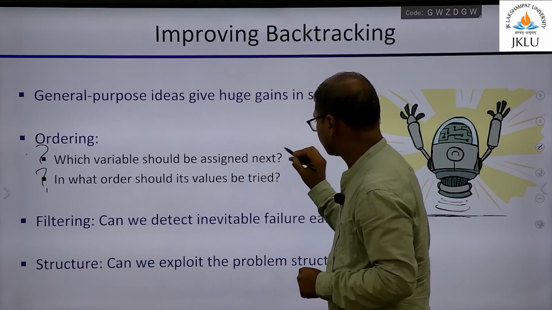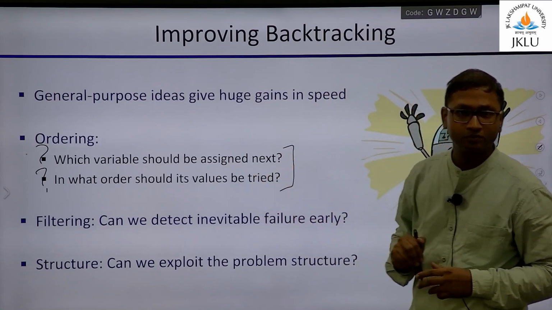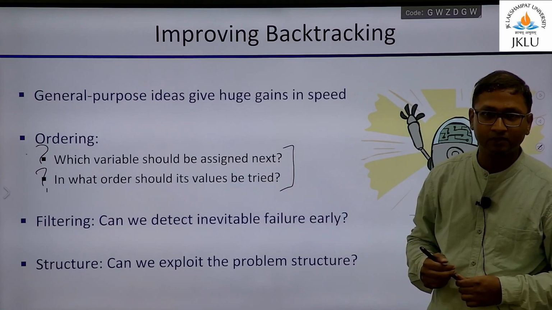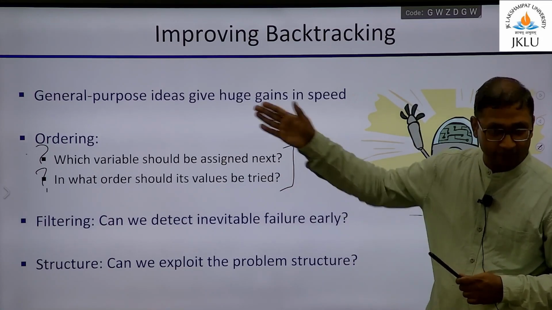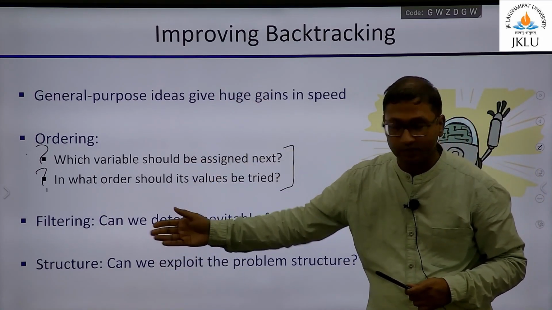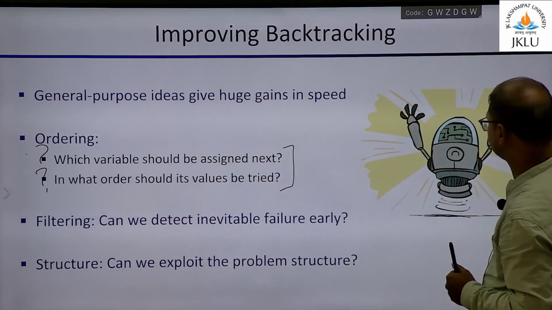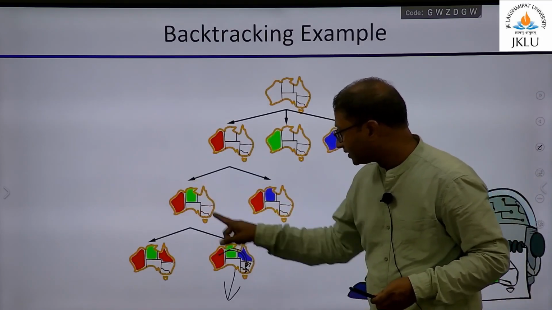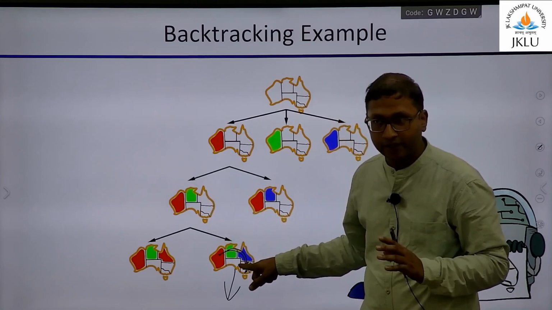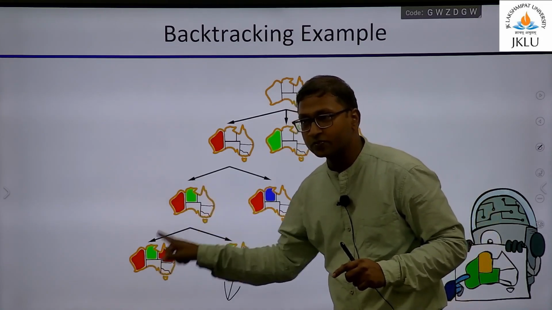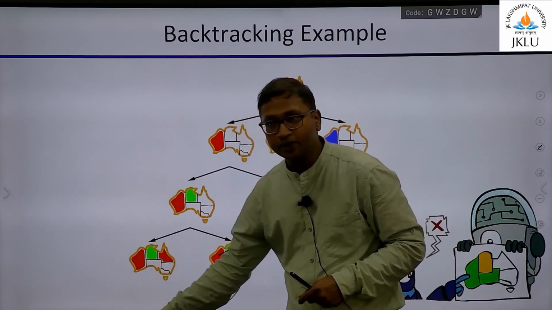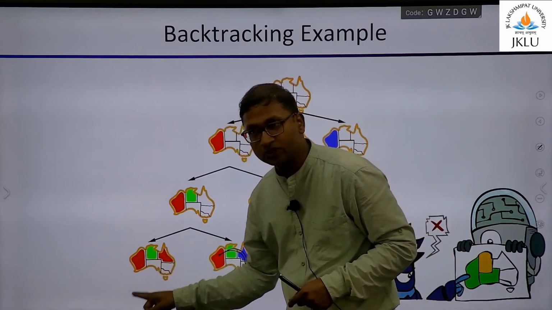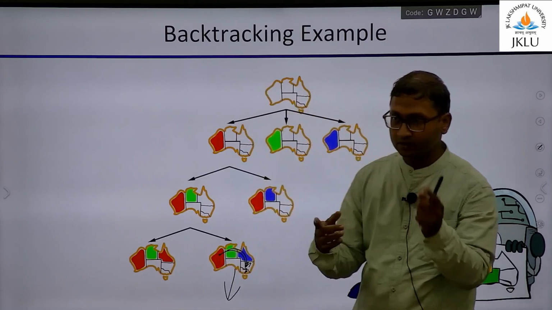Can this matter? Yes. Can you give me an example? Previous example, we saw in that tree, right? Where was the issue? If I go this path, I know there are issues, right? But if I go this path, can you lead me to a proper assignment down this path?